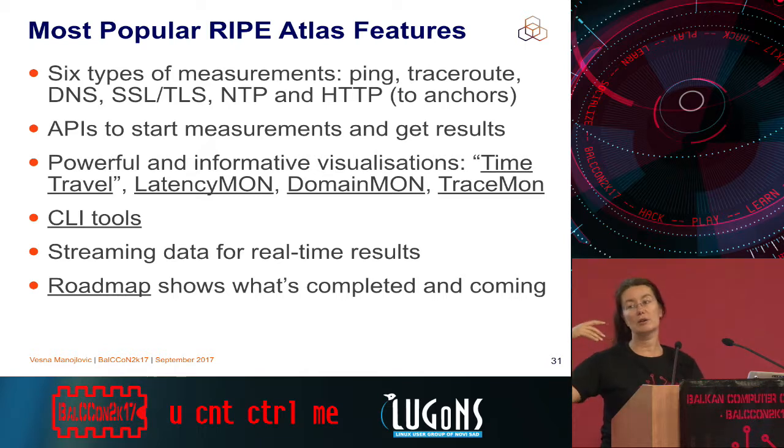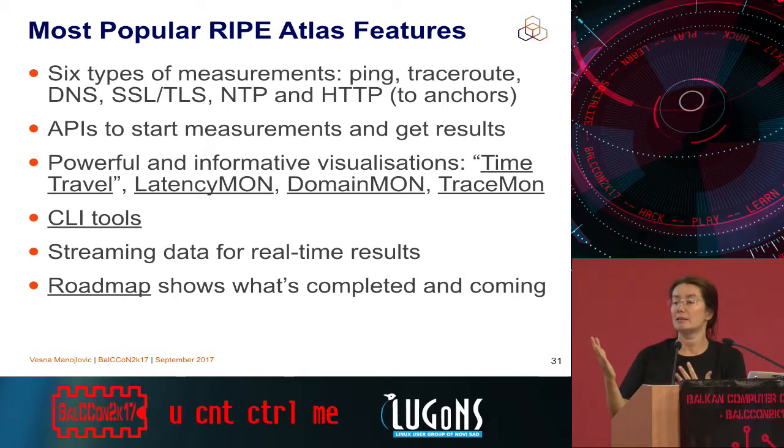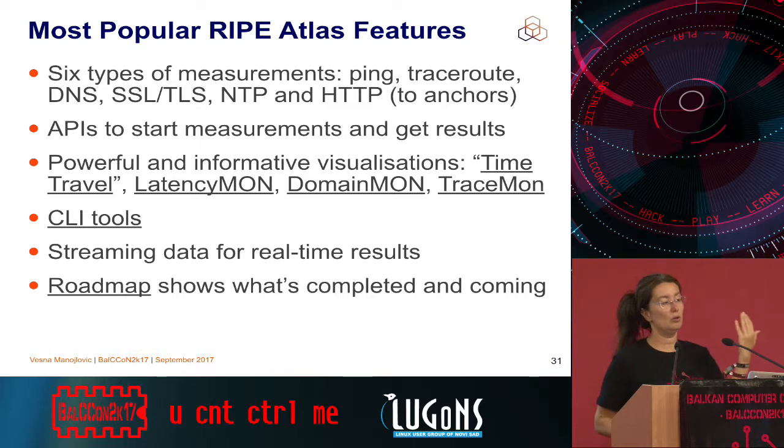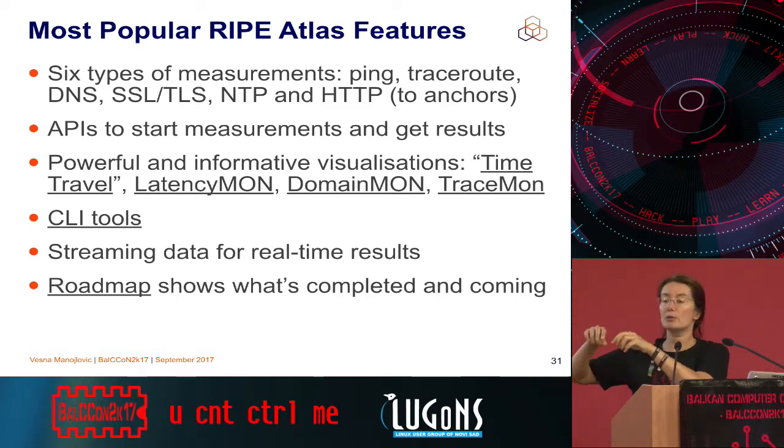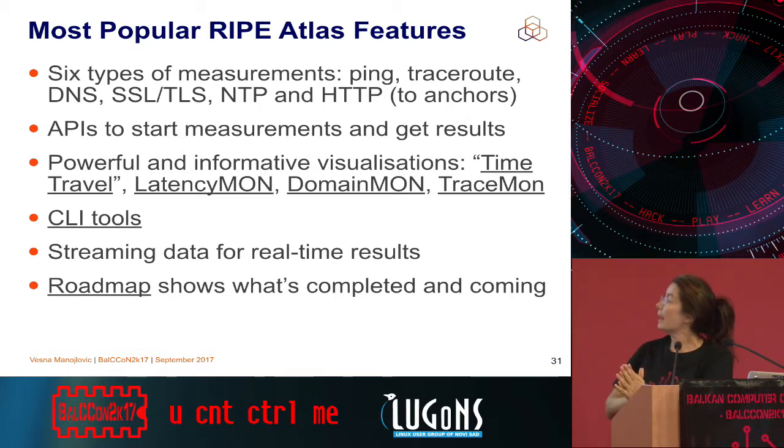Or if there is an earthquake in Nepal, which services are affected and for how long? Or the network operators, as I said, you don't need friends anymore to ask them, can you do the traceroute for me from Brazil? You can just use RIPE Atlas. And so there are all kinds of ways that you can access information about it.